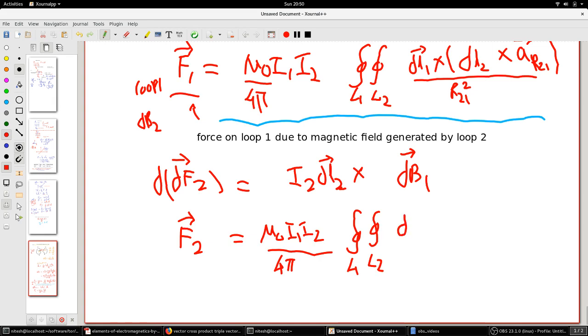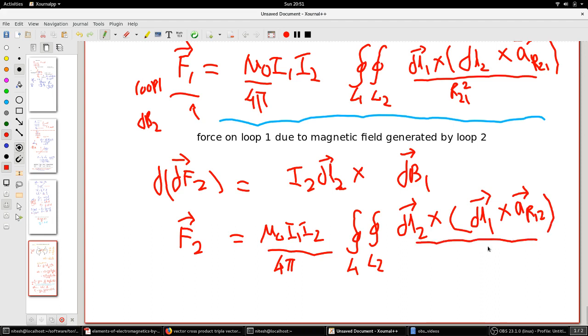You will have dL2 as the first vector, cross product with dL1, cross product with aR12, divided by R12 square.